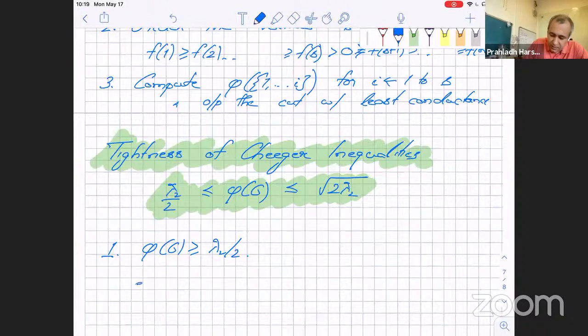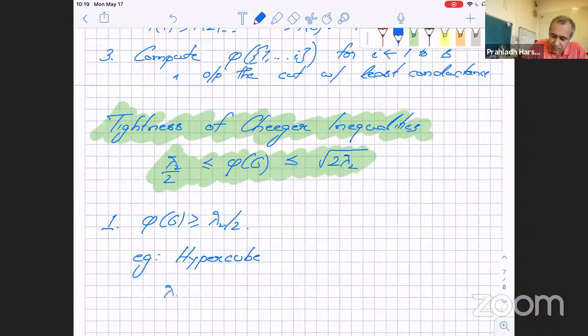The tight example for this is the hypercube. So for the hypercube, what was lambda 2? Recall the hypercube is a Cayley graph, so the characters are going to be the eigenvectors, and the eigenvalue corresponding to a character is that character summed over the generators.